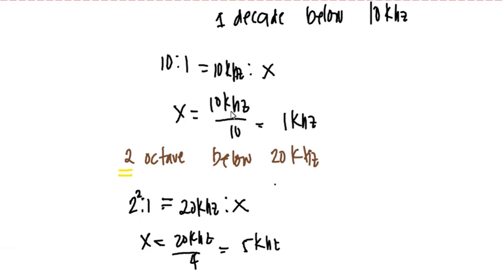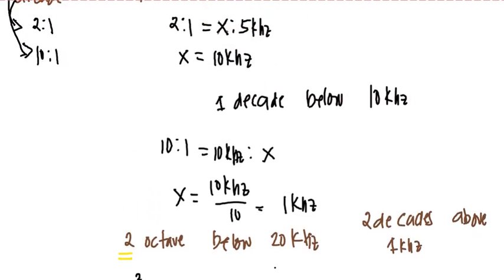What if the frequency being asked is similar, but it is 2 decades. So we will have 2 decades above, for example, above 1 kilohertz. So what is 2 decades above 1 kilohertz? What is the frequency value?